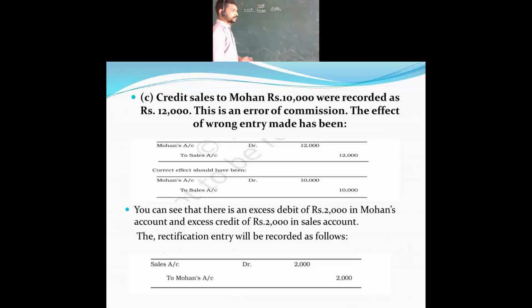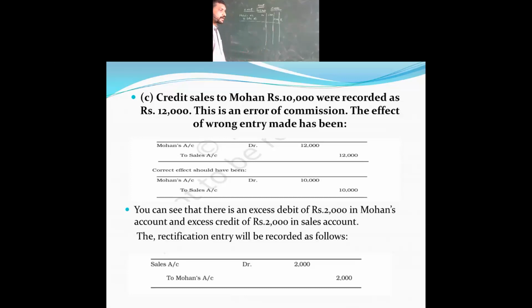So the entry which has been passed is Mohan's account debit 12,000 to sales account 12,000. So actually it is a wrong entry. 2,000 extra you have recorded for this person, means this amount is excess.